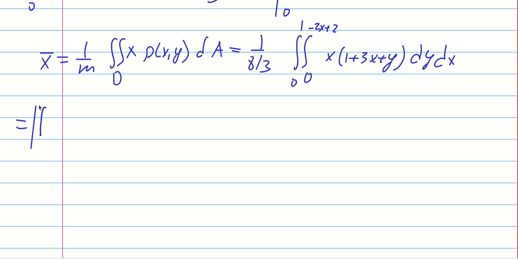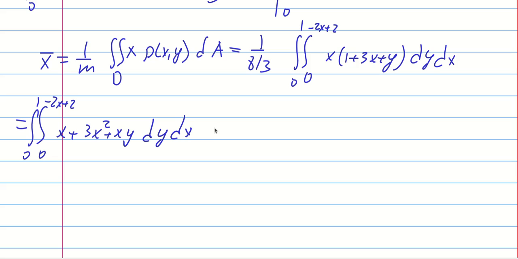So what do we get? We get a double integral, x from 0 to 1, y from 0 to negative 2x plus 2, of x plus 3x squared plus xy, dy dx.